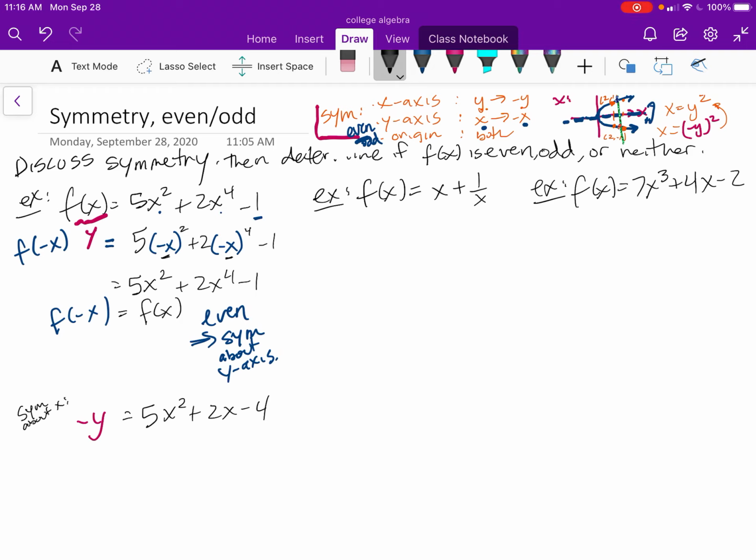So I plugged in -y. Well, to see if it's the same as above, I would divide by this negative. So y equals -5x squared minus 2x plus 4. So that is not the same as the original, right? So that is a no. It is not symmetric about x.